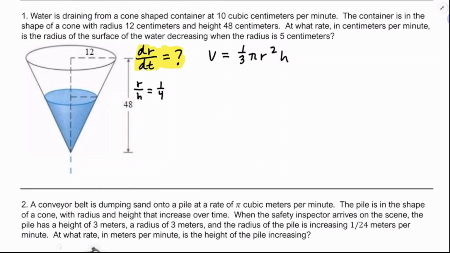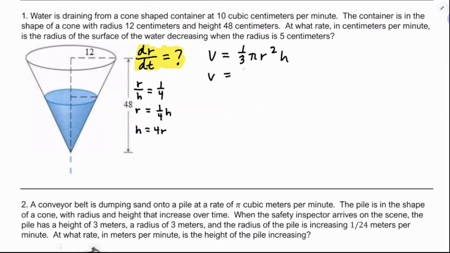Now, if I want dr dt, I need to have r in my formula for volume. So I'm going to need to be solving for h. So I'm going to say r equals 1/4 of h, and then multiply both sides by 4, and h would equal 4 times r. All right, so I'm going to make that substitution.